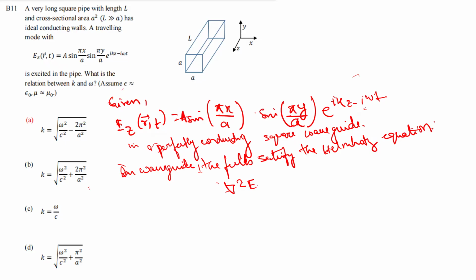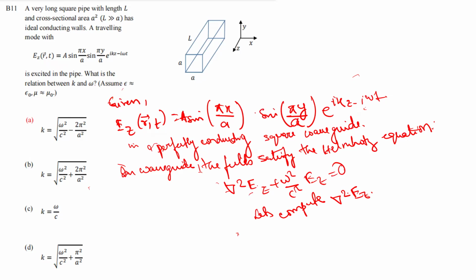del square Ez plus omega square by c square Ez equal to 0. Let's compute del square Ez.